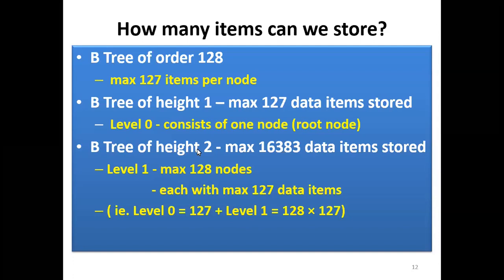Remember, when we have a height of 2, we label it level 0, level 1. Level 0 is 127, then level 1, which is the second level, is 128 times 127. So the total is going to give us a maximum of 16,383 data items stored.